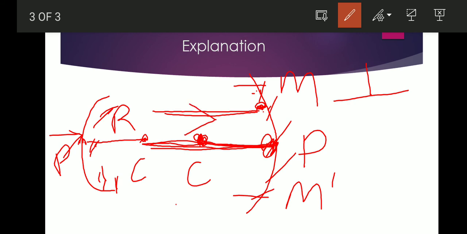Whenever an incident ray goes parallel to the principal axis, after reflection it will reflect back and pass through this focus. This is the principal focus, if our incident ray travels parallel to the principal axis.